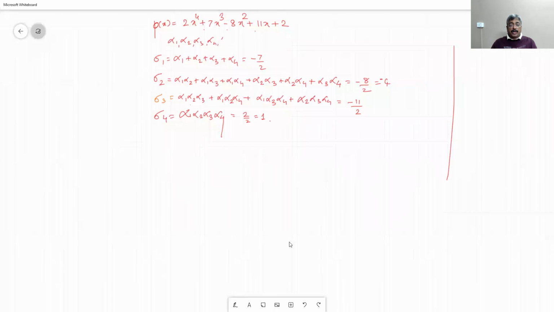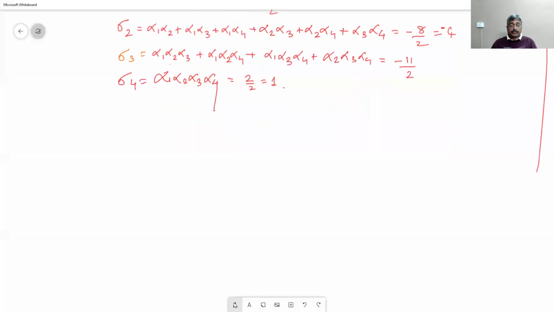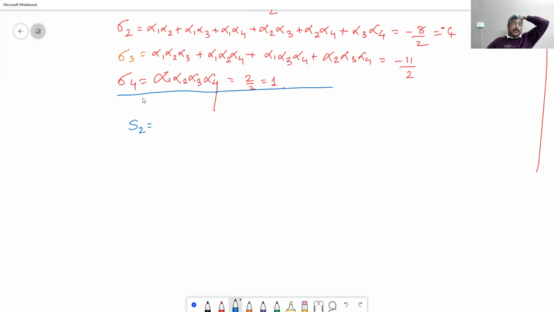Suppose now I ask you, find out S2, which is equal to... okay, a quadratic equation, so P of x is equal to ax square plus bx plus c, which is a into x minus alpha 1 into x minus alpha 2.